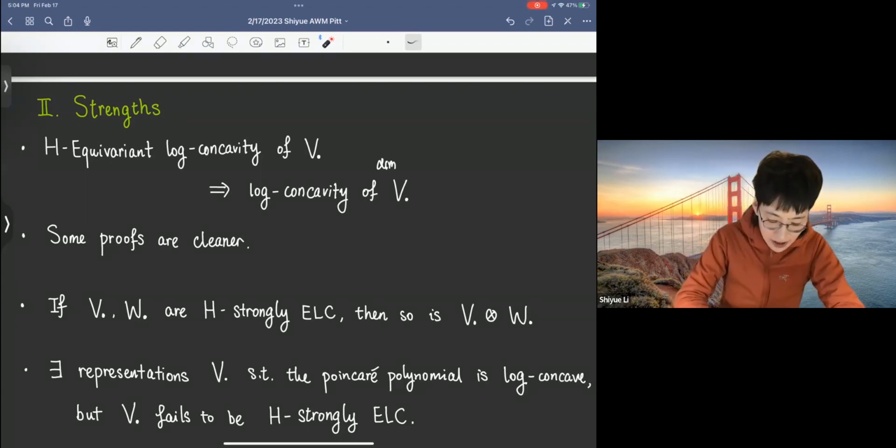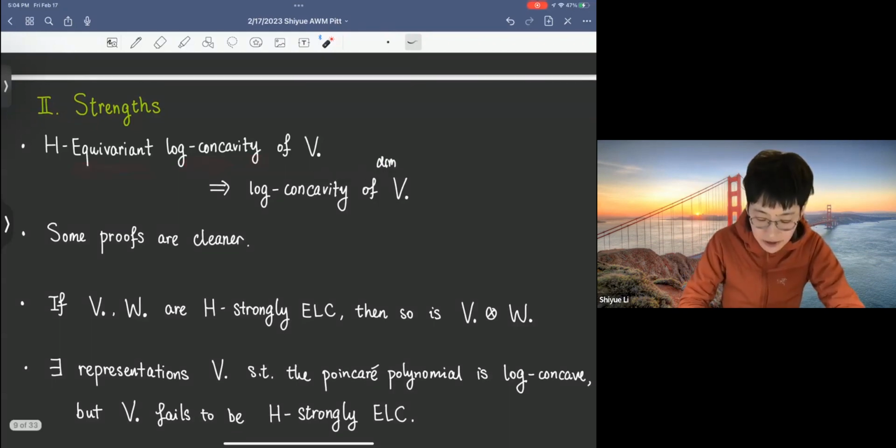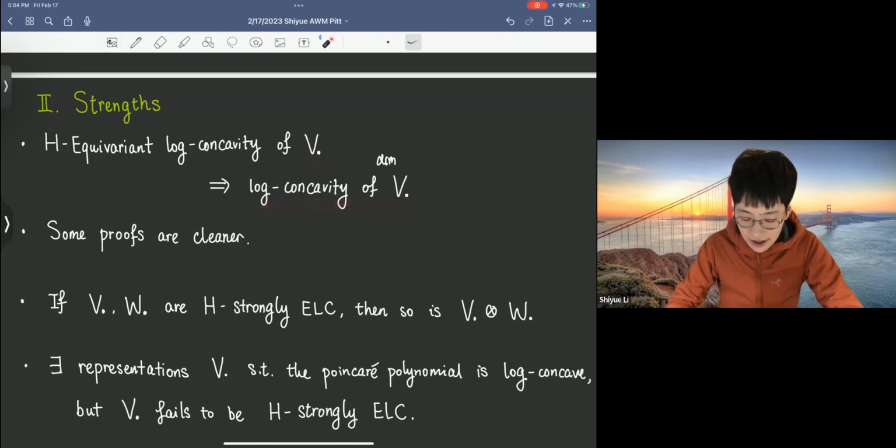First of all, if you have an equivariant log concave representation of a finite group H, when you take the dimension of this graded representation, you automatically obtain the log concavity of the dimension sequence.